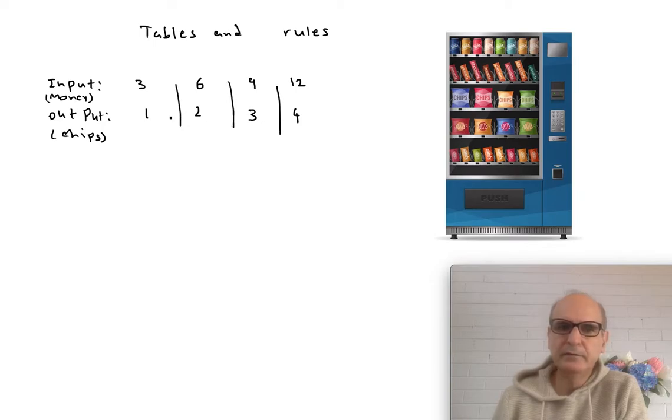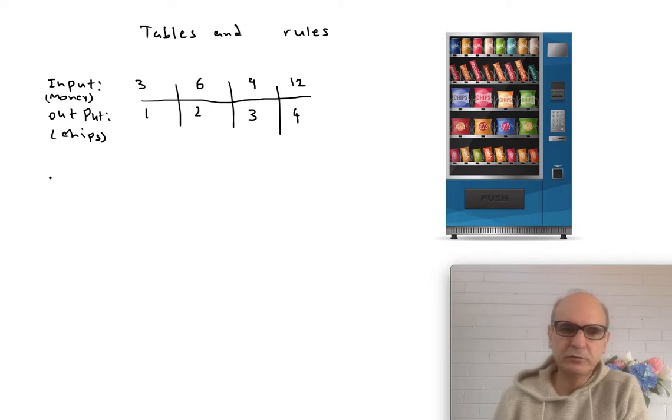And it is pretty straightforward, the rule. Whatever you have as input, you have to divide it by 3. So 3 divided by 3 gives you 1, 6 divided by 3 gives you 2, 9 divided by 3 gives you 3, and 12 divided by 3 gives you 4.